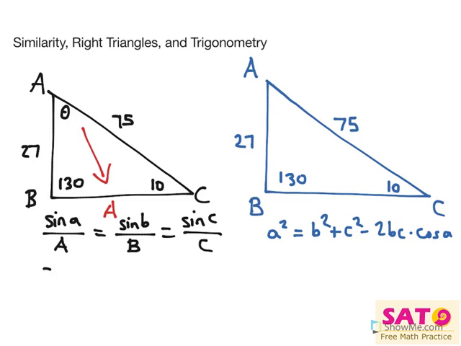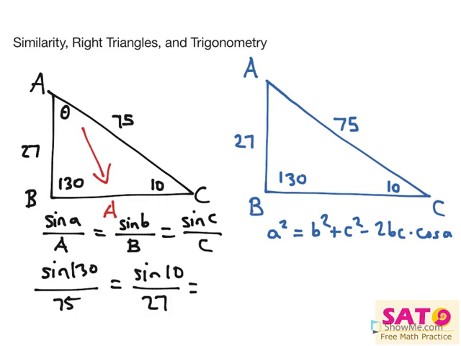We would get sine of B, which is 130, over 75 equals sine of 10 over 27. If we solve that out, we can then plug in the missing angle, sine of A, and let's say A is 12, then we can plug it in to solve for A. We would cross multiply for that.